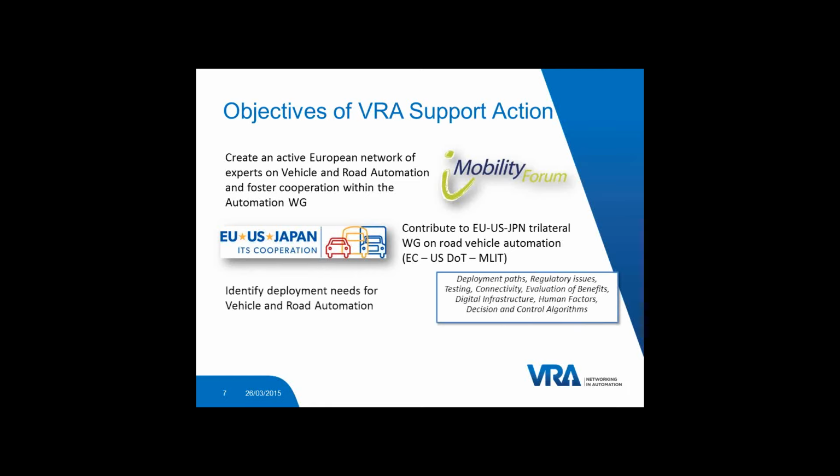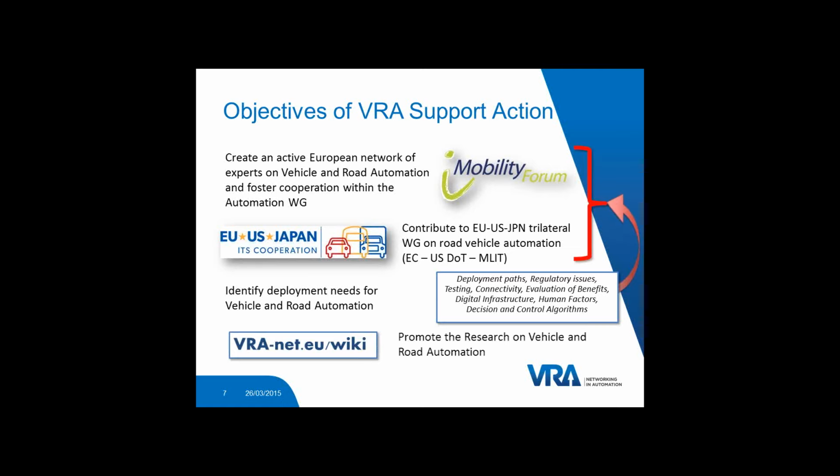In order to give as much content as possible to these two pillars that I mentioned, we have a series of discussion groups that are listed here. These discussion groups look at different deployment needs for vehicle and road automation and feed the discussions within the iMobility Forum and the EU, US, Japan ITS collaboration.